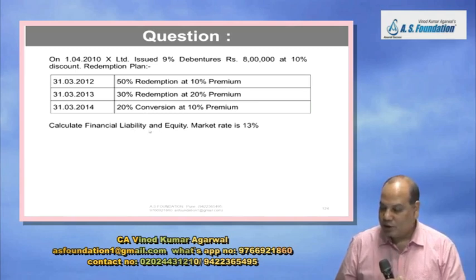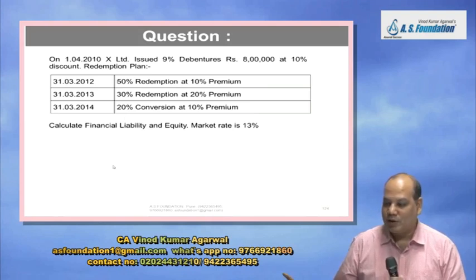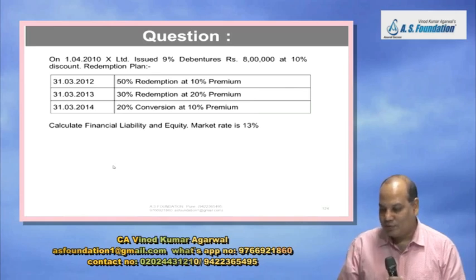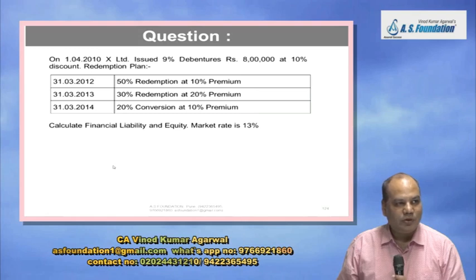Compute the financial liability and equity, market rate is 13%. So first you have to correctly make a list of cash flow. What cash outflow will take place in year 1, 2, 3, 4. And then discount it at 13%. You should be able to do.